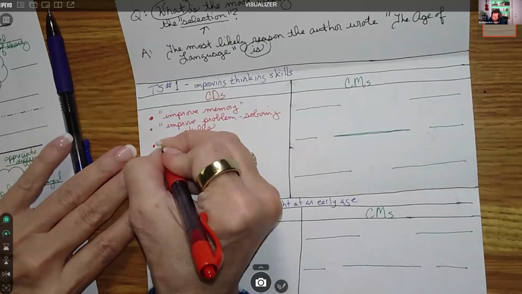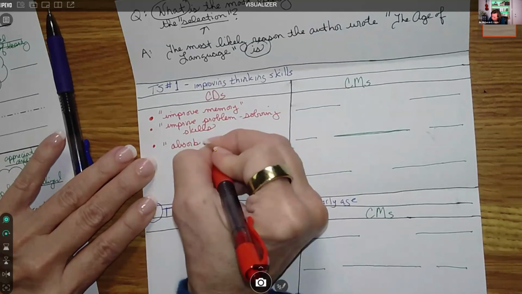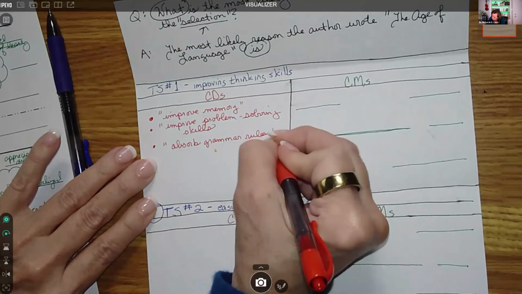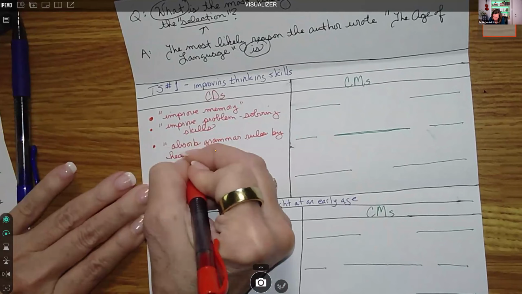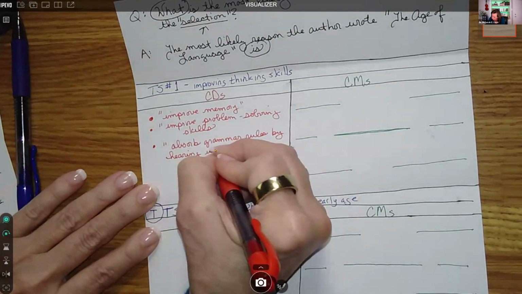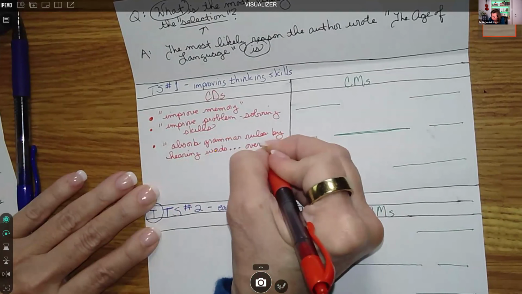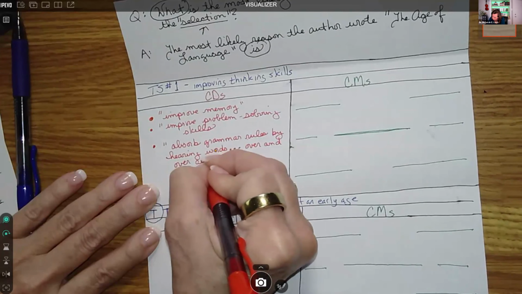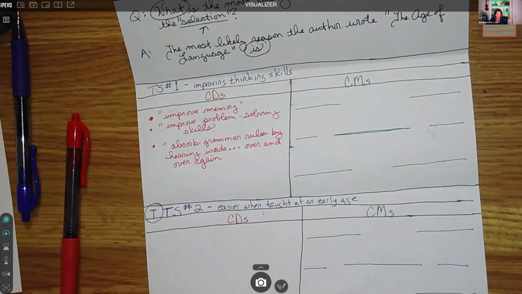And so I like this idea about absorbing grammar rules by hearing words over and over again. To me, those are the parts of the thinking that are important.